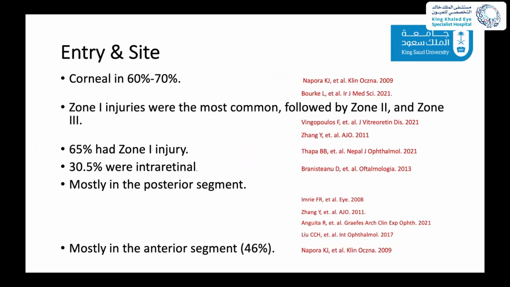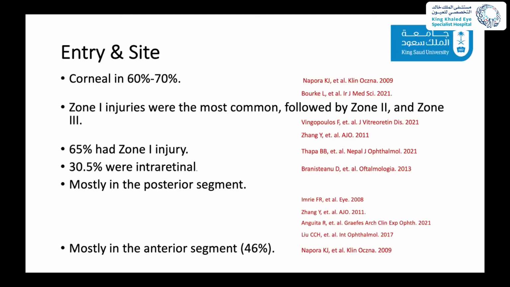The site of impact, or where the intraocular foreign body settles, was usually intraretinal in 30% of patients in one study from France. It is usually in the posterior segment overall, whether the vitreous or the retina.